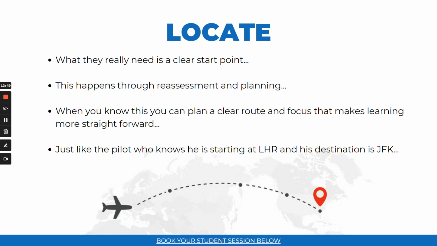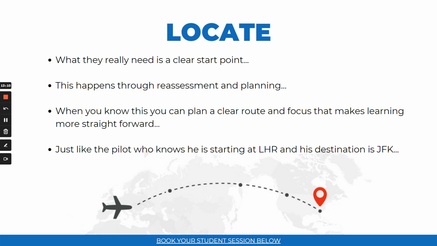Like I said, what they really need is a clear start point to know where they are currently located and how to get better. Now, how is this done? This happens through reassessment and planning. When you know this, you can plan a clear route and focus that makes learning more straightforward.